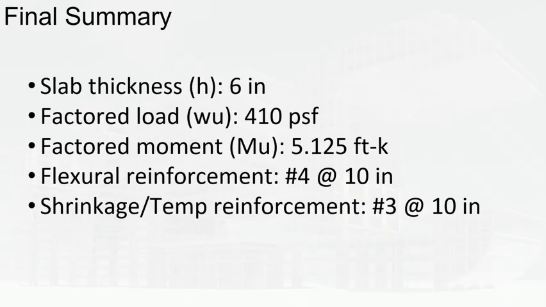So here's the final summary. Your slab thickness was 6 inches, your factored load was 410 pounds per square foot, your factored moment was 5.125 kip-feet, your flexural reinforcement was number 4 at 10 inches, and your shrinkage and temperature reinforcement was number 3 at 10 inches.